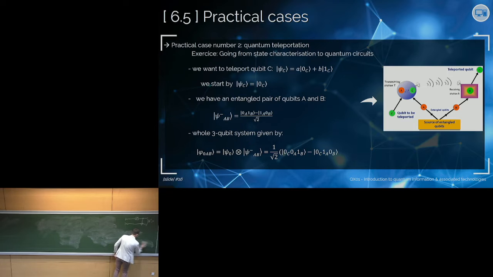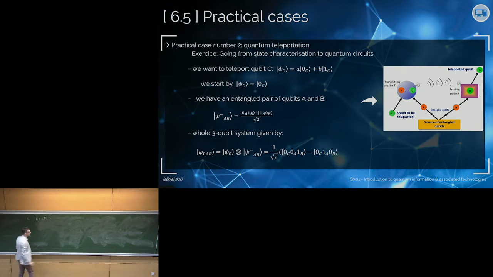That's first of all. And the second of all, you need to have entangled qubits, A and B. So first, psi of C is in the state |0⟩_C.